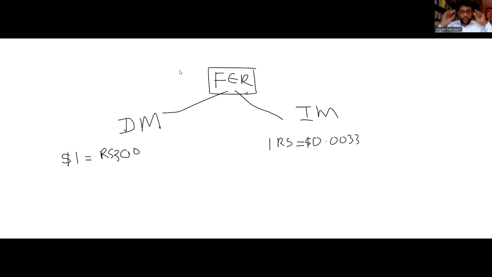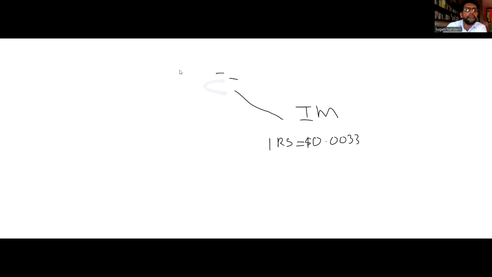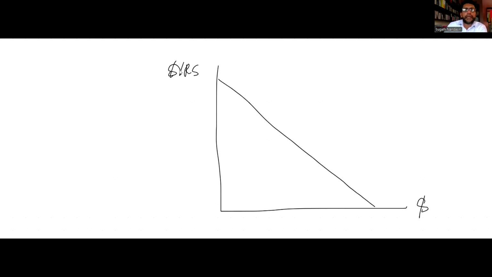Then if I just draw you the demand curve, look. Dollar rupee rate. Here, dollars you are going to purchase. Now this is the demand curve, like a normal demand curve. High price, low quantity.